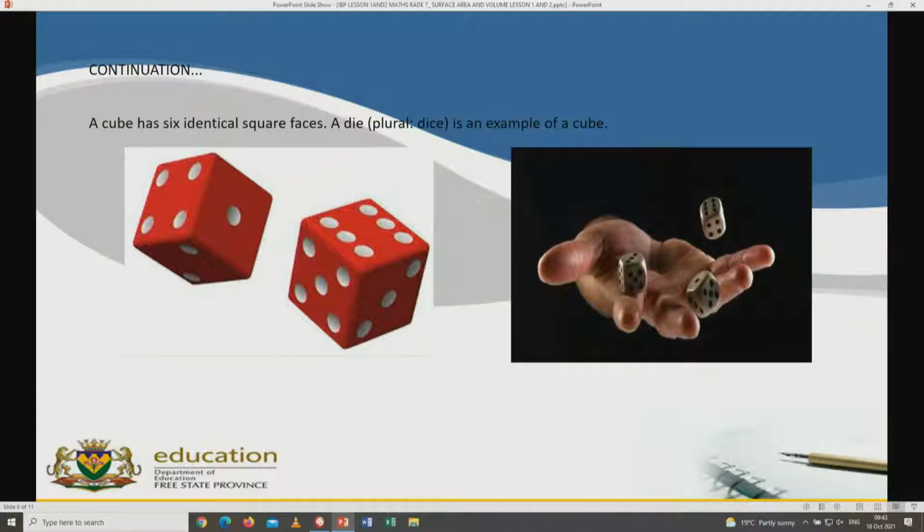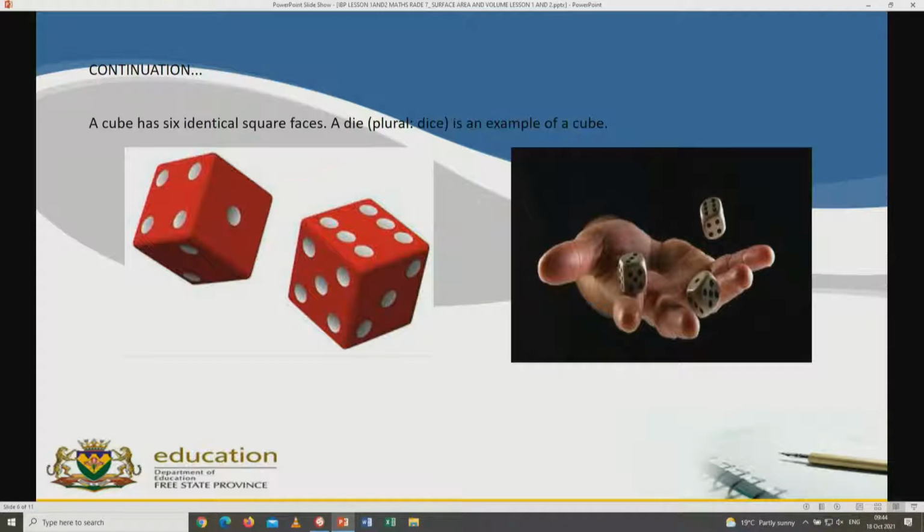For example, let's focus on this die in the picture. It's a red die, numbered in terms of white dots, and therefore it is marked from number 1, the first flat face in the die.